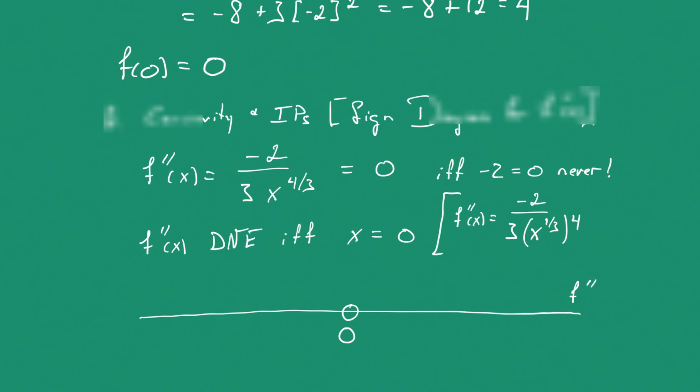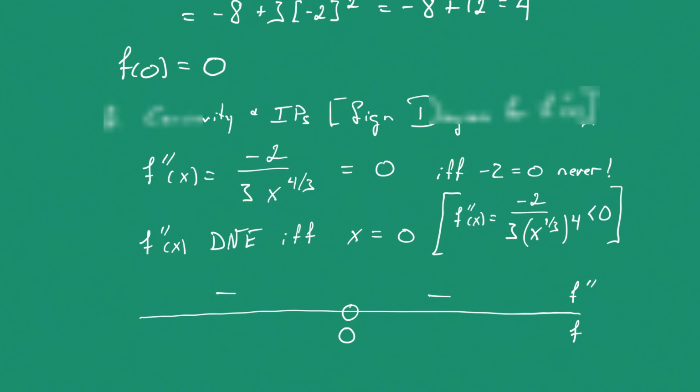And looking at this, we see that this numerator, minus 2, that's always negative. And the denominator, because we have this 4th power here, is always going to be positive, so it's always negative over positive, which is going to be negative whenever it exists. So it's always going to be negative. So f prime prime is negative to the left of 0, negative to the right of 0.